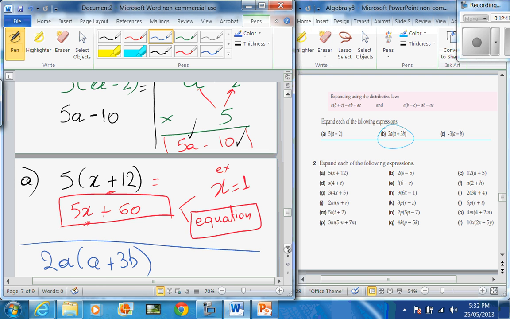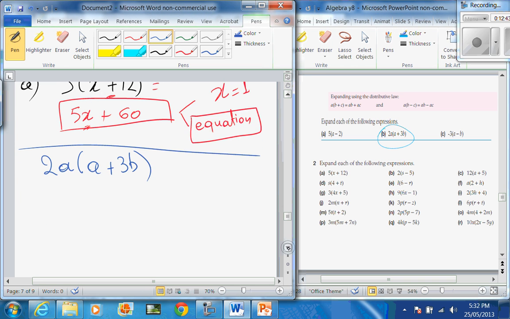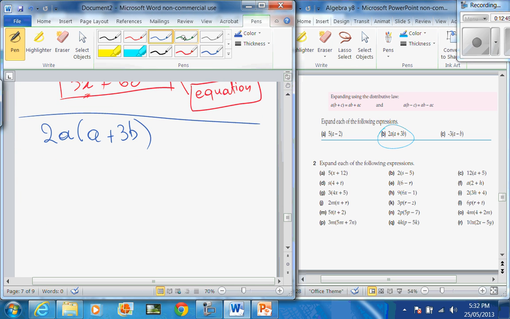I don't want you to worry because it is nothing. Okay, let's calculate. I multiply this with this first. And I write 2. How many a's? a times a.